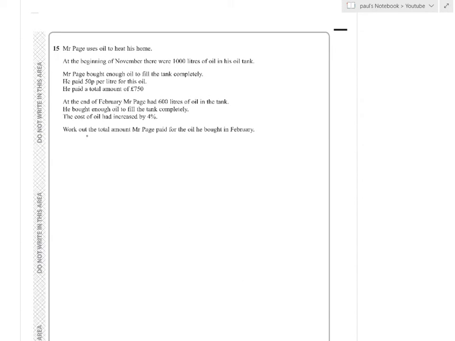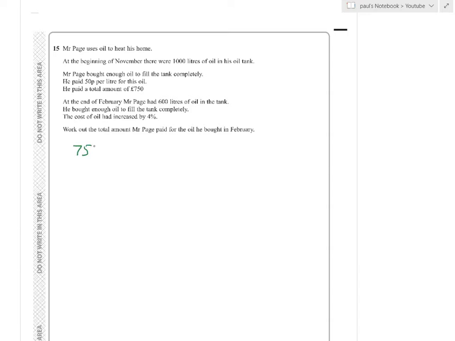Mr. Page uses oil to heat his home. At the beginning of November, there were 1,000 litres of oil in his tank. Mr. Page bought enough to fill the tank completely. He paid 50p per litre. The total amount is 750. So let's find how much oil he bought.